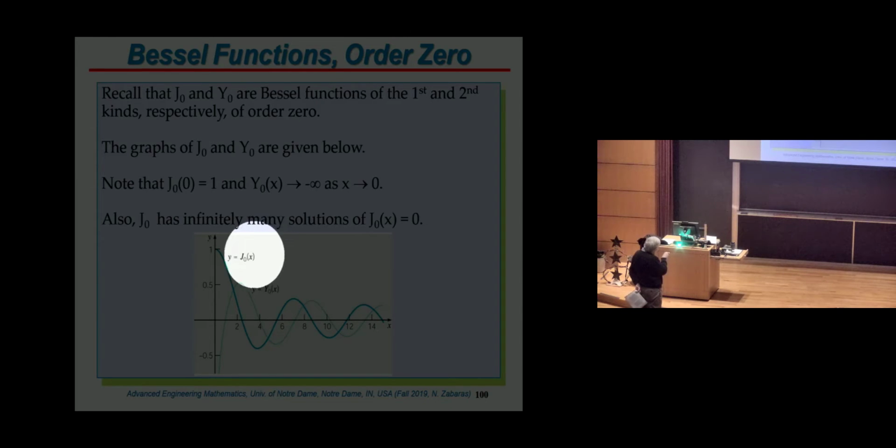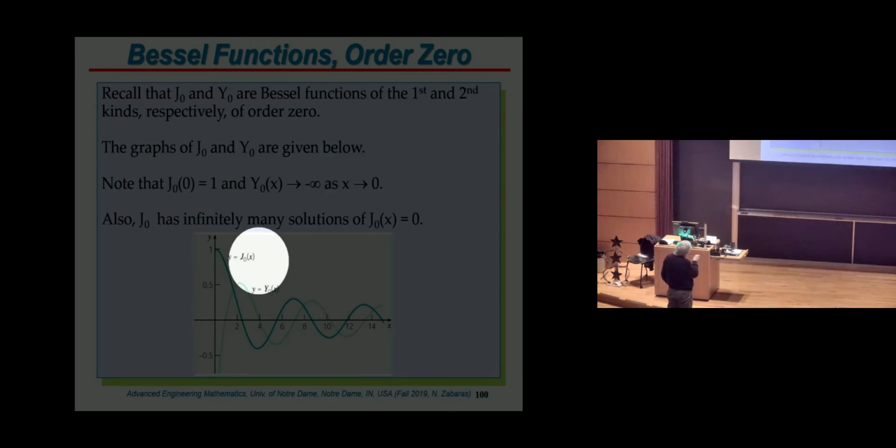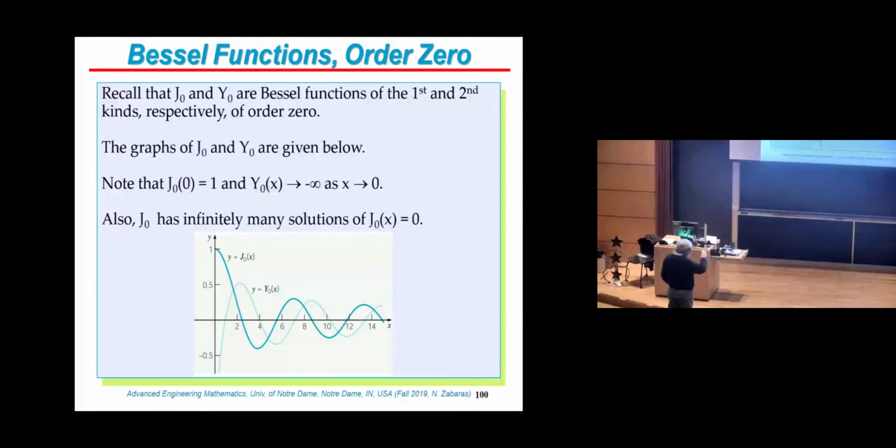And then, of course, to compute the eigenvalues and the eigenfunctions, you're going to have to put some boundary conditions, say at x equal to 1. So maybe at x equal to 1, y is equal to 0. So in that case, you are going to have eigenvalues that are defined by the roots of J0 of square root of lambda x equal to 0.